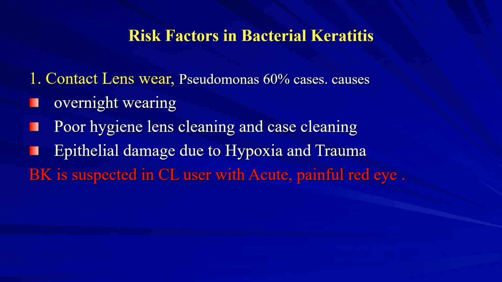Pseudomonas is acquired in 60% of cases, and this is because those patients who wear contact lenses overnight have poor hygiene in lens cleaning and case cleaning, and there is epithelial damage due to hypoxia and trauma. Bacterial keratitis is suspected in a contact lens user with an acute painful red eye.